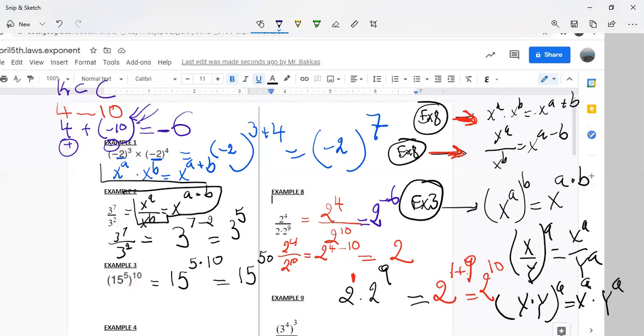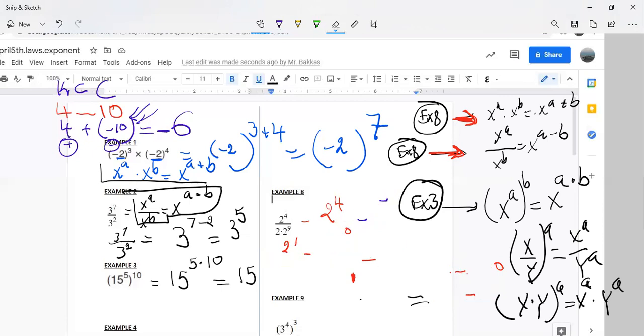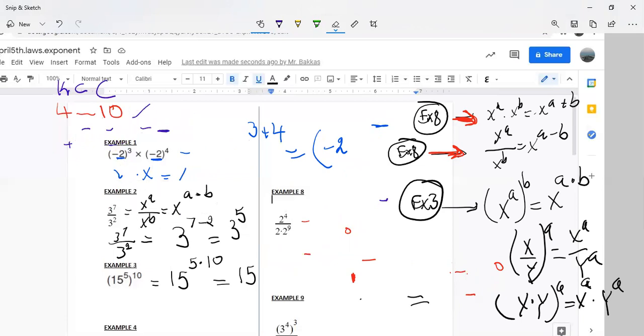All right. We got one more to do. So let's do the last one, example 9. So let me just erase this stuff so I have some space where I can write. So example 9 is the power rule.